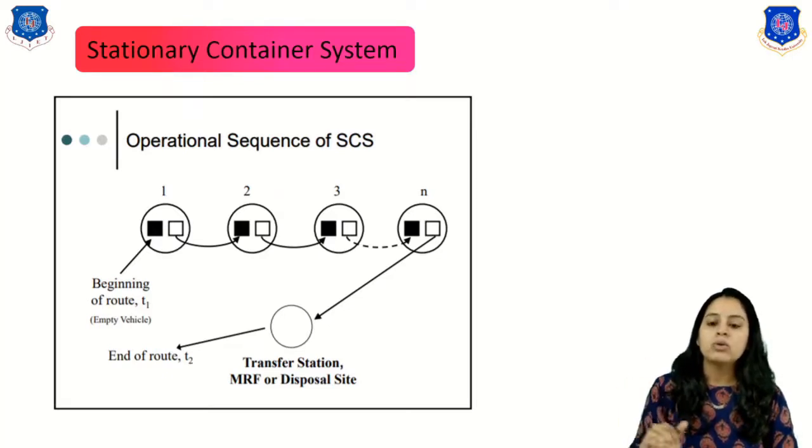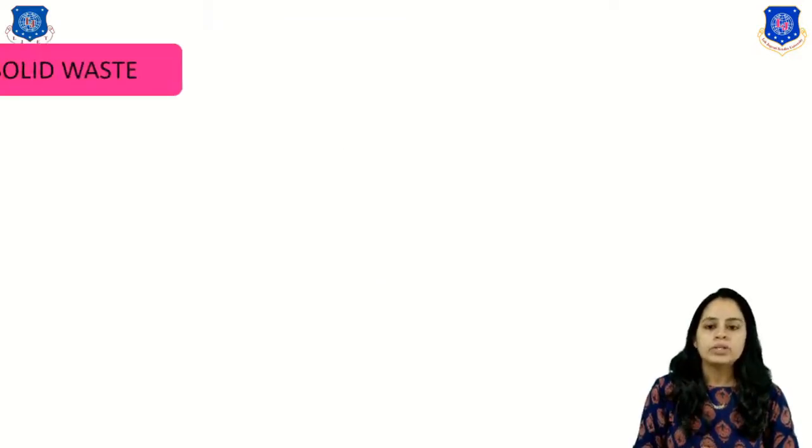After that, it goes to the second point, where again there is an empty vehicle and then loading of the solid waste. Again it goes to the third station, then up to the end station. This is the transfer station or the disposal, and this is the end of the route. So this is the collection method of the solid waste.